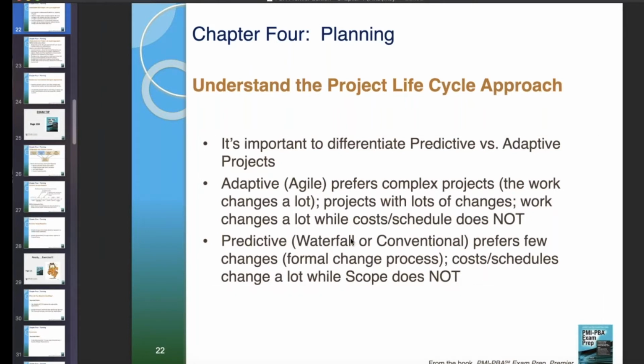Predictive, also called waterfall or conventional projects, prefers few change processes used. Costs and schedules change a lot, while scope does not. Now, do you all remember the difference for these? With adaptive, schedule and costs are locked in. Work changes a lot. With predictive, work is locked in. Costs and schedules change a lot. You got to remember those.